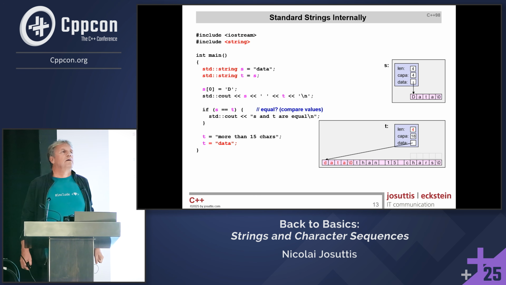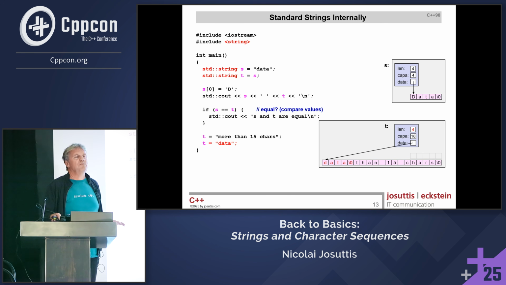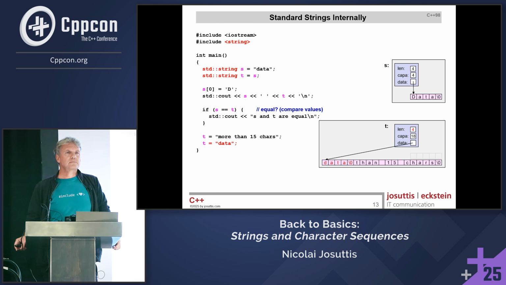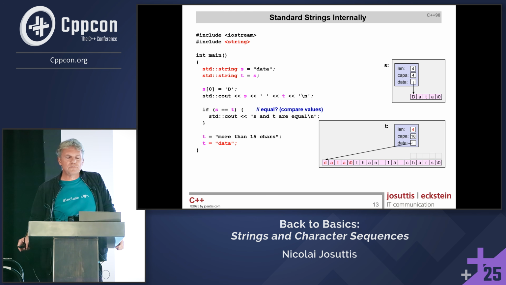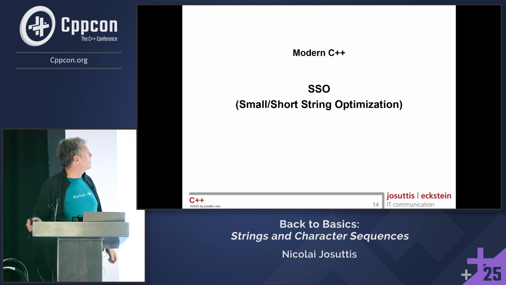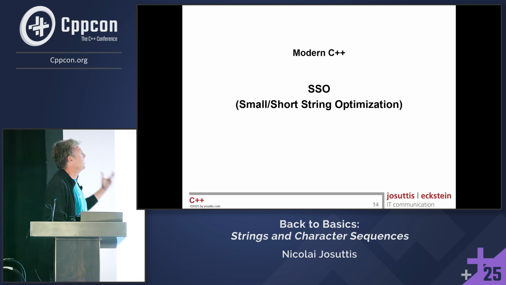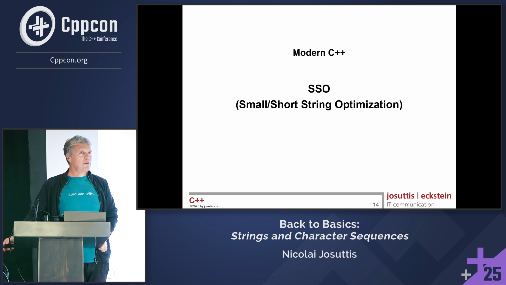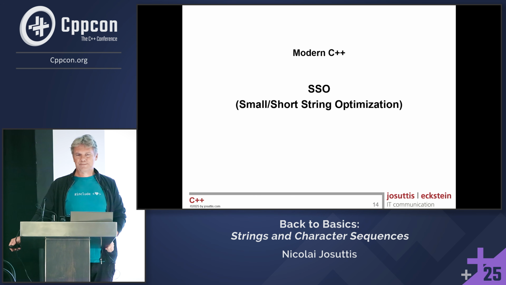So implementations try to deal with different ways of optimization here internally. The optimization that's now used everywhere is called the short string optimization or small string optimization, SSO, whatever the first S stands for. How does it work?